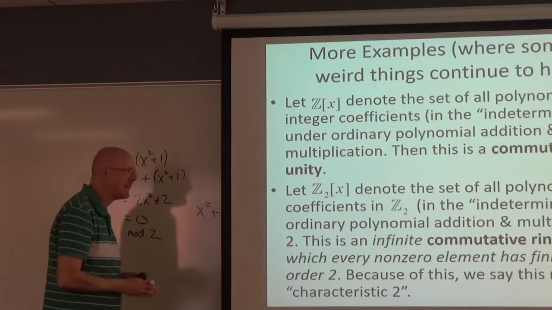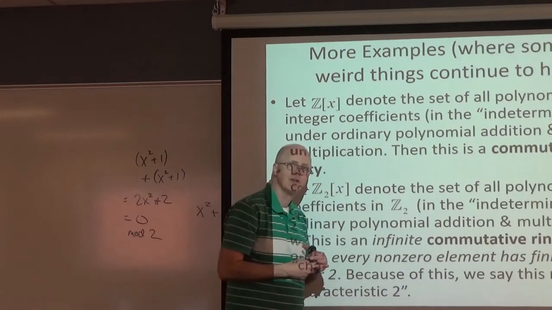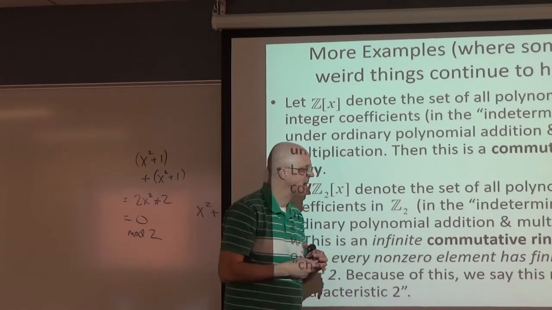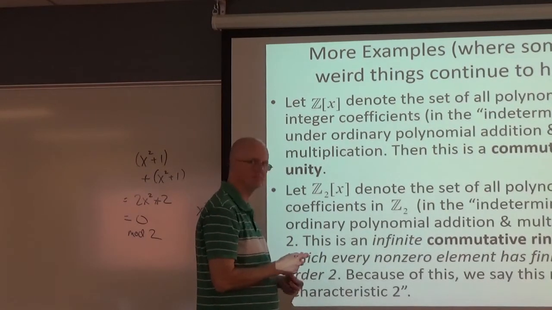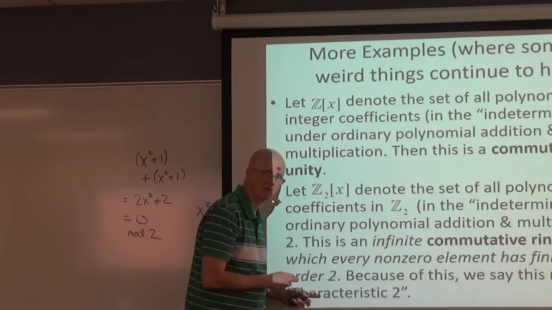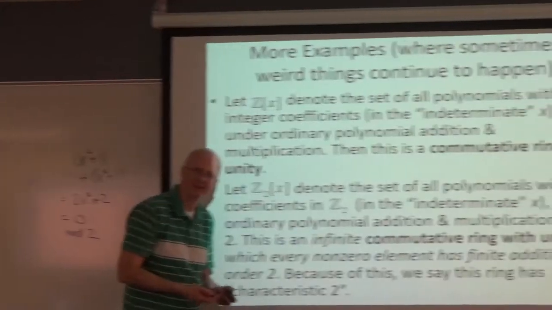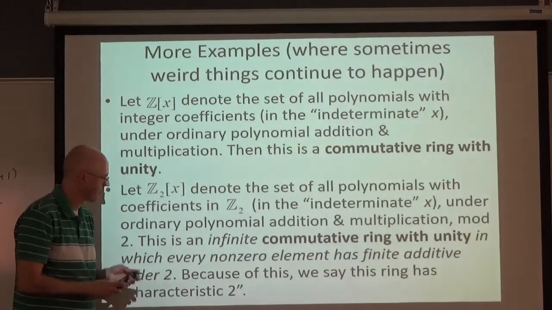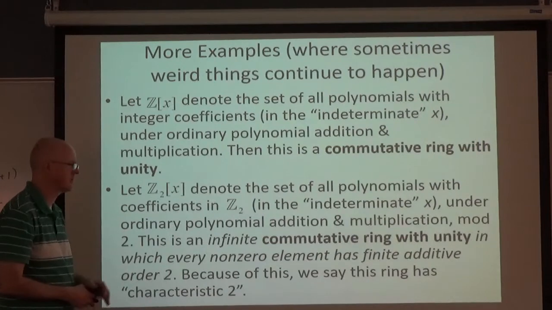Any such polynomial added to itself will give you 0. Each non-zero element has finite additive order, as in group theory, 2. Each element is its own additive inverse. Because of this, in ring theory, we say this ring has characteristic 2.